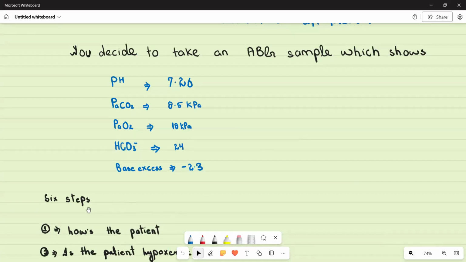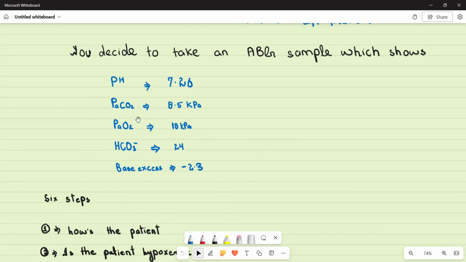The first question that you need to ask yourself is how is the patient? So you just perform an ABCD assessment and you know the clinical situation of the patient. The next question that we need to ask ourselves is, is the patient hypoxemic? Okay, because hypoxemia kills.